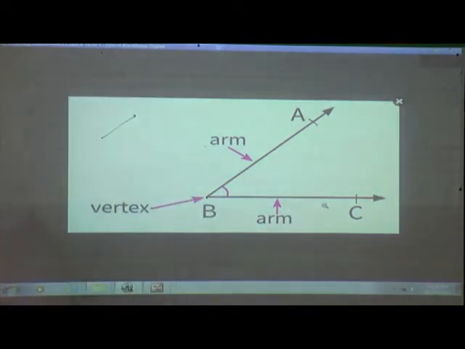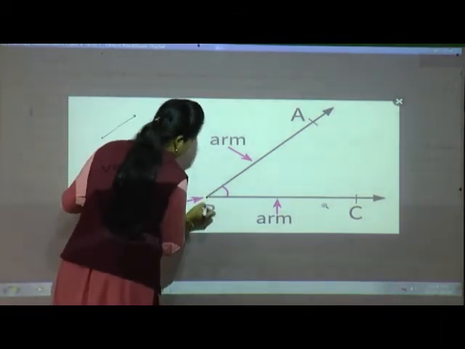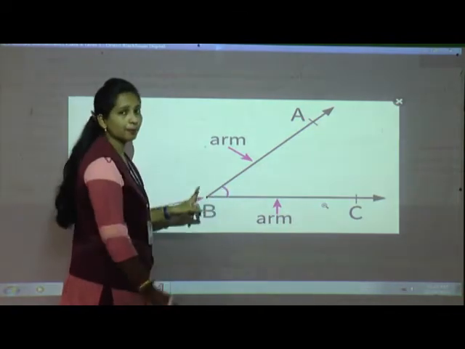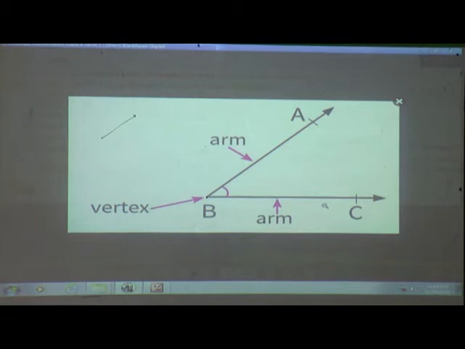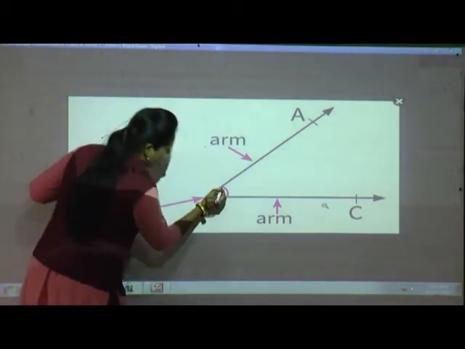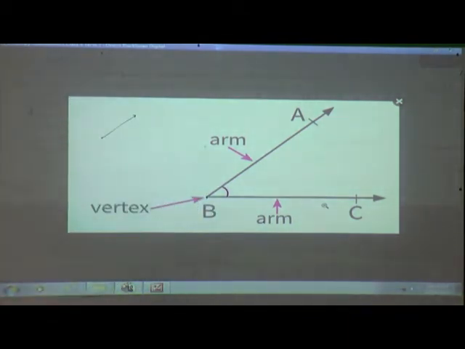So what I am saying here is, when two rays meet at a point, an angle is formed. When two rays join at only one point, the angle is formed and it is marked by a small curve. See, the curve is there? Yes.